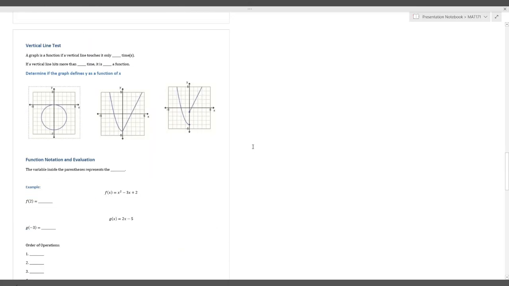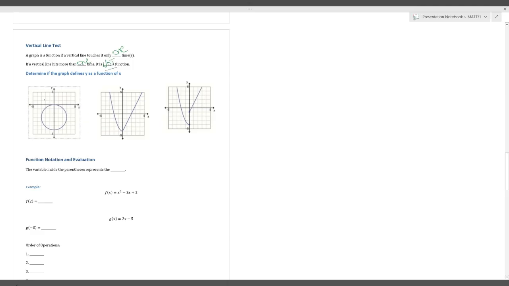We can also perform a vertical line test. The vertical line test tells us that we have a function if any vertical line touches the graph only one time. If the vertical line hits more than one time, it is not a function.